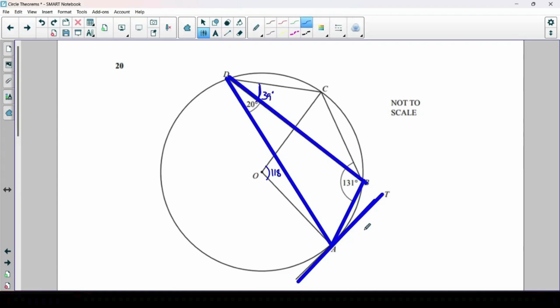Let's try and do that fake kind of Z shape. So Z involving that angle BAT. That's that one there. Okay, and it's at the end of that Z, it's that one there. So 20 degrees is going to be equal to BAT using the alternate segment theorem. Let's put it on the diagram as well.